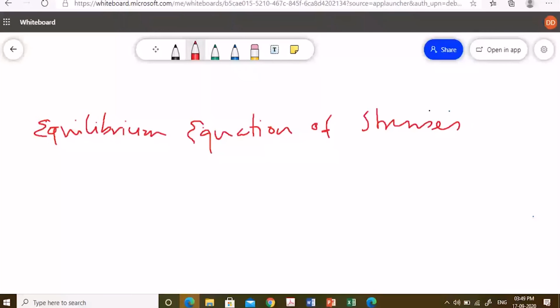So far I have discussed considering a block where there are stresses sigma xx and sigma xx. I also told you that sigma xx, or any tensor, is basically coordinate dependent.